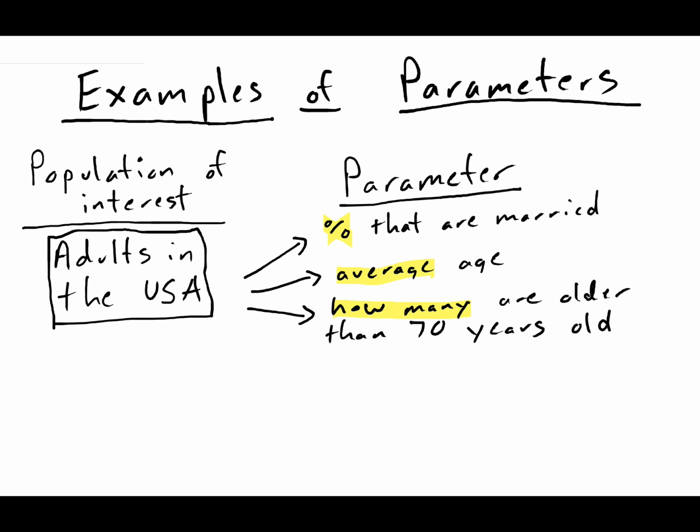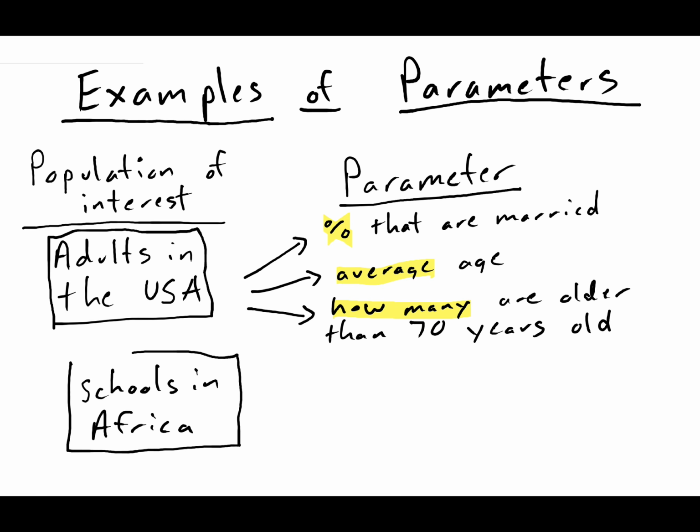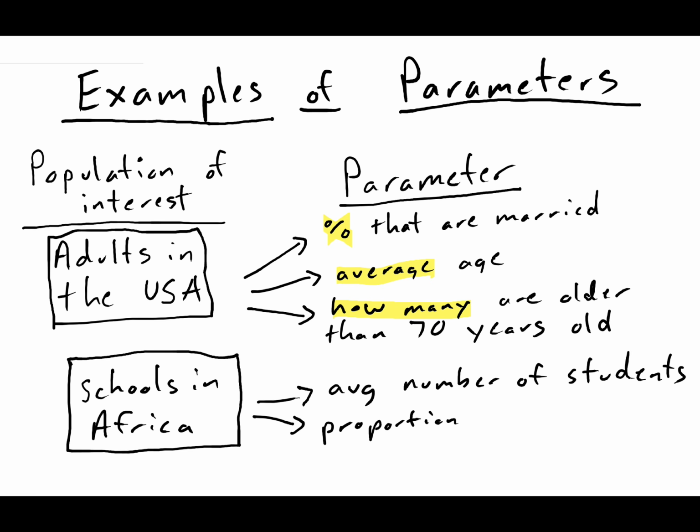Or, for example, maybe our population is schools in Africa. So instead of measuring people, our individuals in this case are a school. We might want to know the average number of students, or we might want to know the proportion that are high schools, or we might want to know the total number of teachers.